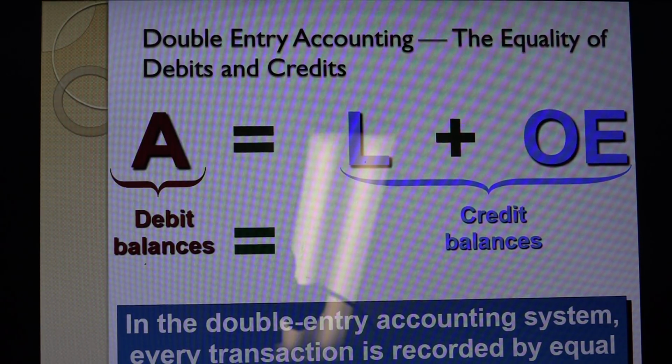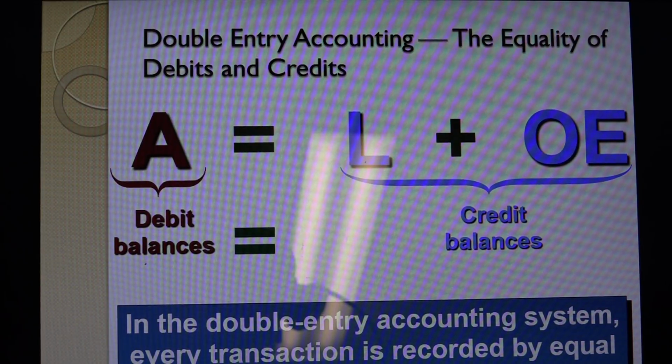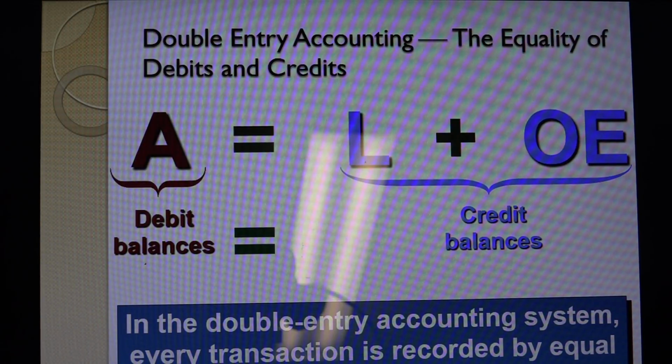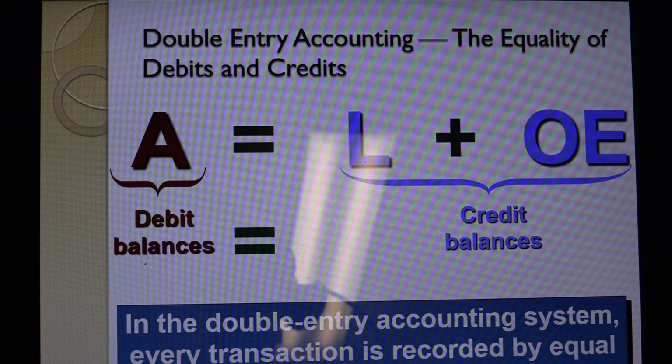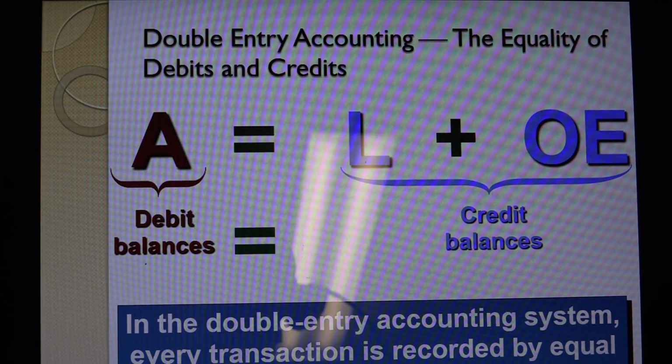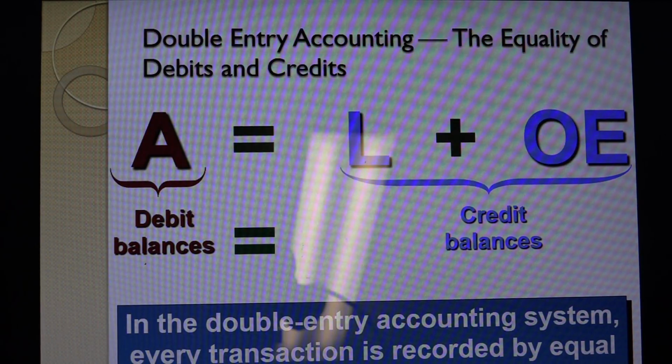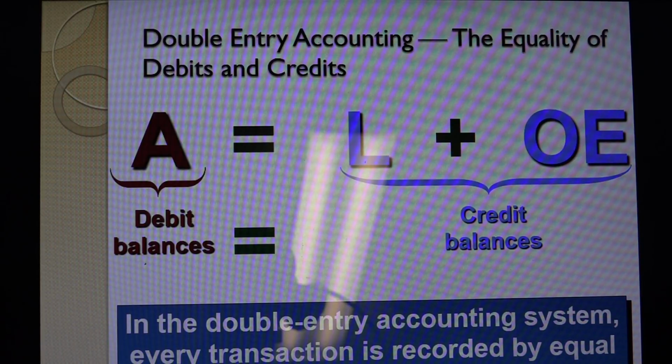We already looked at this, didn't really put a name to it, but remember your accounting equation: if a particular transaction affects the accounting equation, you have to record it in your accounting records. And if you recall from last chapter, the balances of your left-hand side and the right-hand side had to always be in balance, had to equal each other, right?